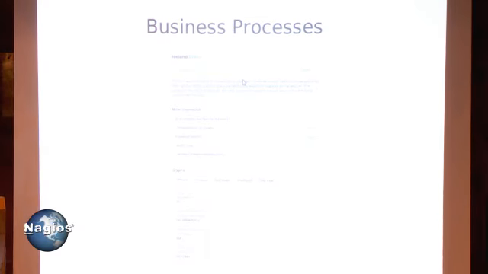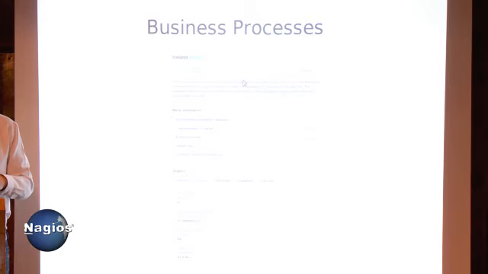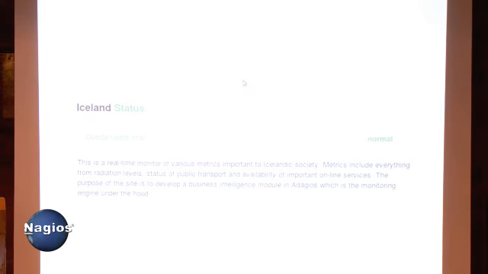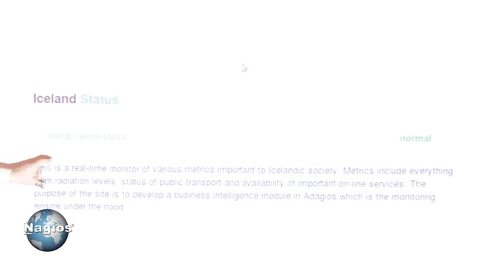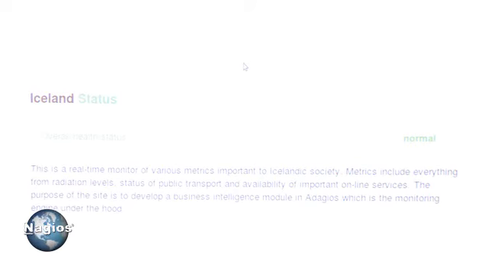So what is a business process for us? One global status, in this case Icinga status, minor description, real-time monitor of all sorts of cool stuff. Sub-processes, these might be service checks or host checks, or other business processes that have their own logic.